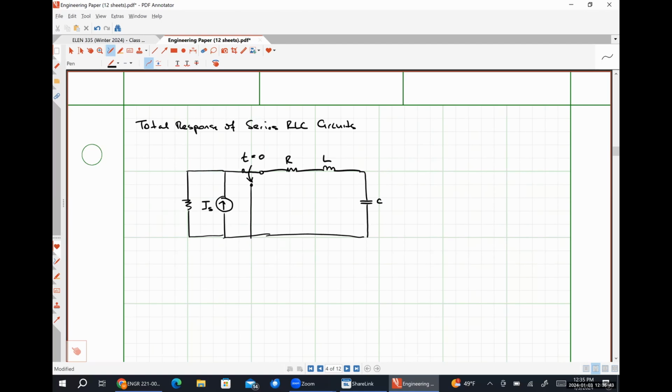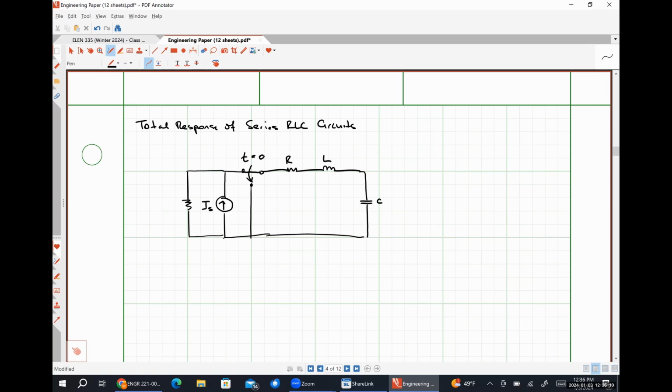And then as our switch changes state, we enter into our transient condition, and we should see that the inductor gives energy to the capacitor, and some portion also gets absorbed by the resistor. And then over time, all of the stored energy in the system gets converted into heat by the resistor. So a very, very similar situation to what we had previously, except that now all of our elements are connected in series as opposed to being connected in parallel.